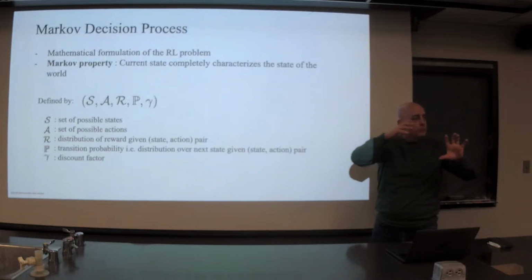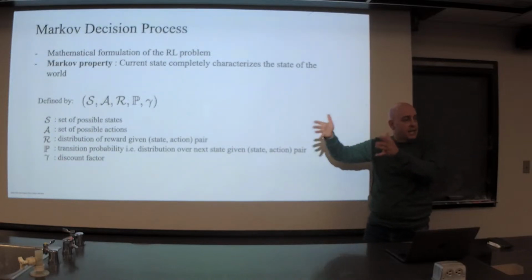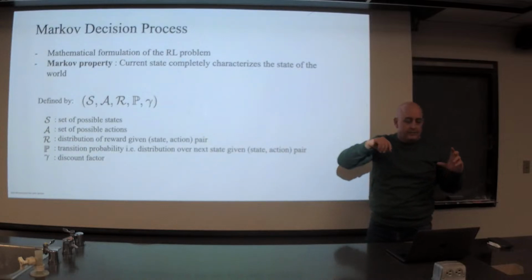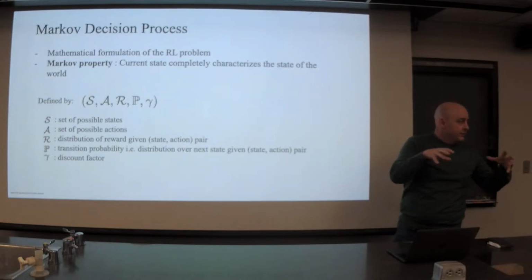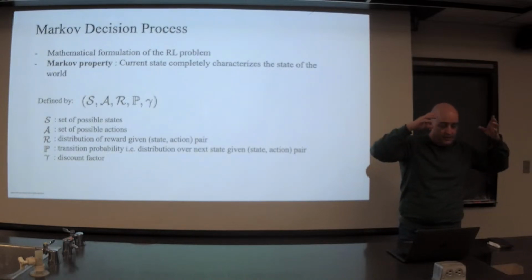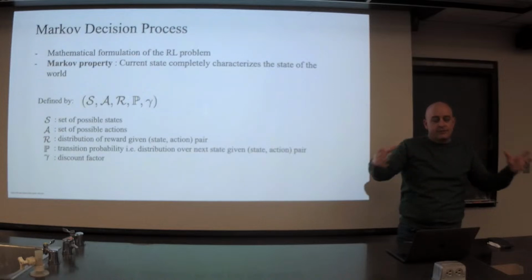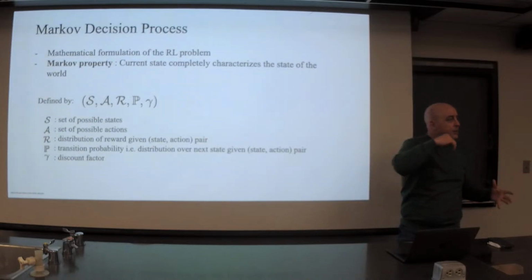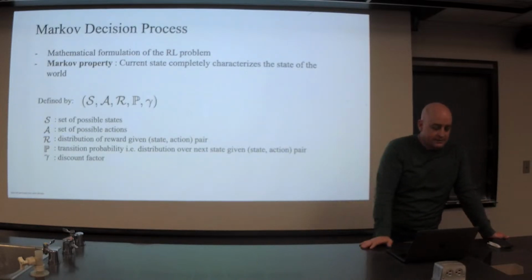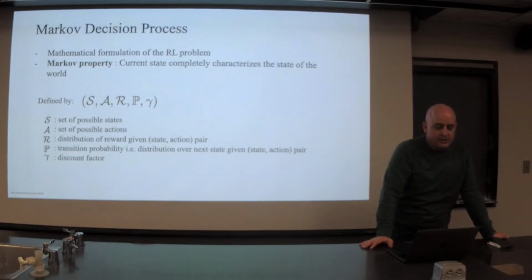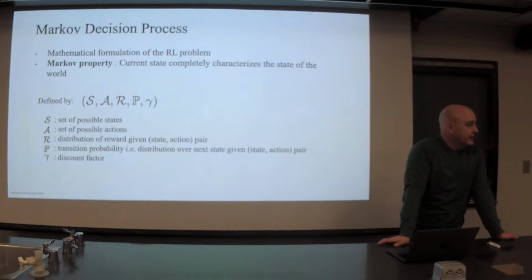We don't need to keep the state from previous time steps, for instance, to make the decision we're going to make, like which action to take. The state of the world now is all the information we need to make a decision in the future. And mathematically, that makes everything a lot easier, and it's also pretty reasonable, right?